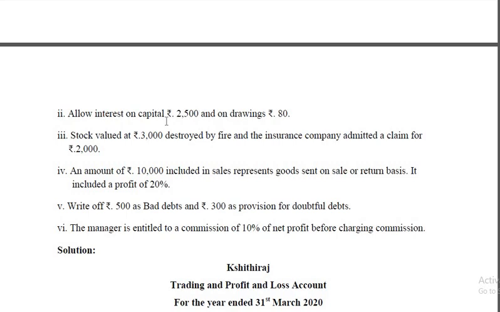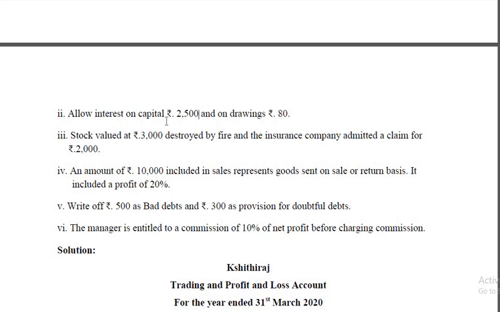Second part of this adjustment is on drawings, interest on drawings 80 rupees. Interest on drawings is an income, therefore it should be credited to, sorry, profit and loss account. Let me repeat.